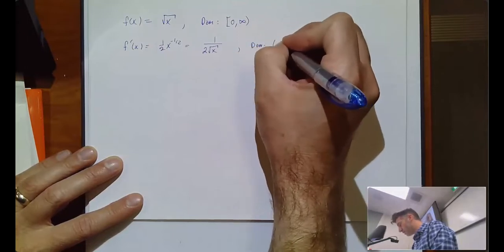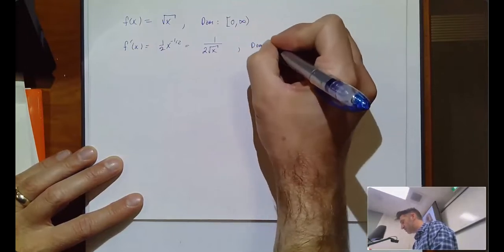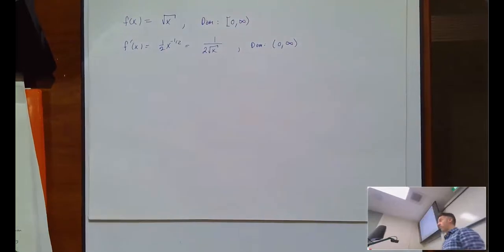You don't actually get 0, because the function's not differentiable at 0. So most of the time, really all the time, when you take the derivative of a function, the domain should get smaller, not bigger.